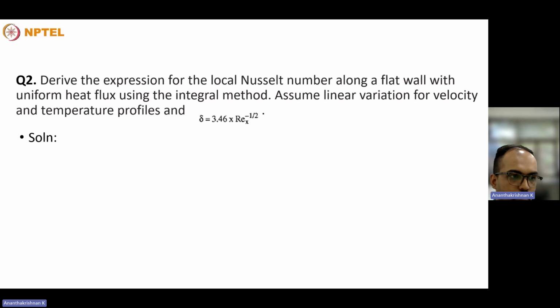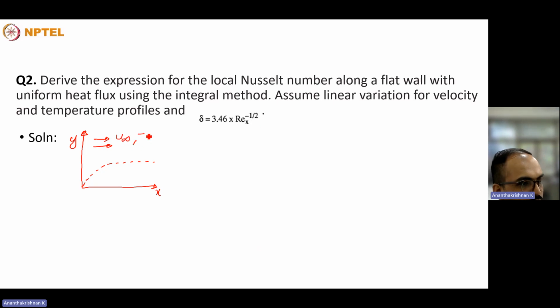In this one, we'll try to draw the schematic. Far away from the plate, the temperature will be T infinity, velocity will be U infinity, and assume this to be the thermal boundary layer.